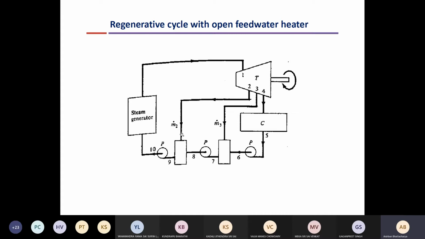So this steam and this liquid water enter the second feed water heater at the same pressure and mix together, similar to the previous case, and ultimately the steam gets condensed to liquid water. So the final water, which is now at a relatively high temperature and at some intermediate pressure, is pumped back to the boiler pressure.